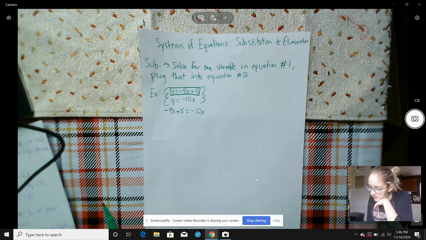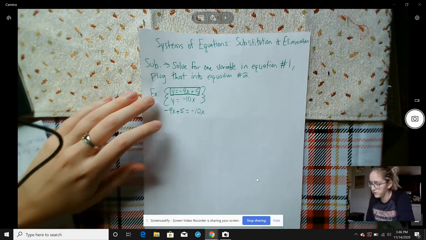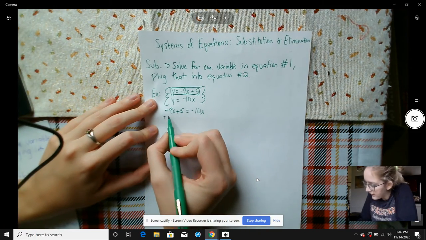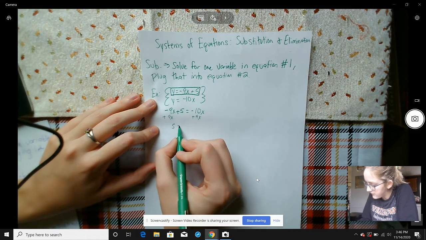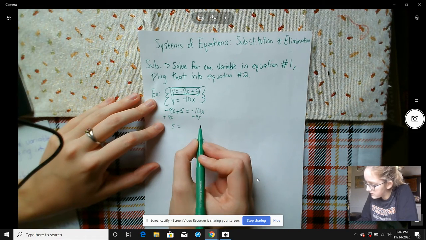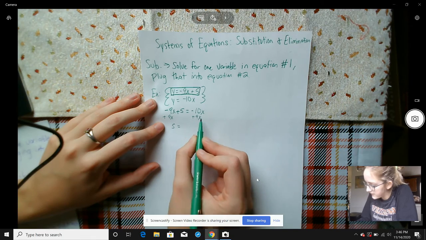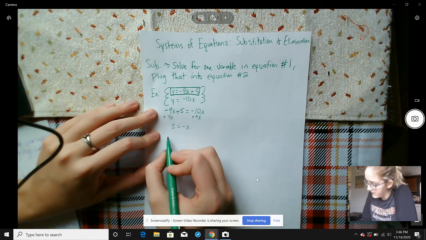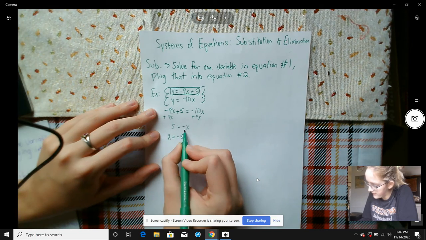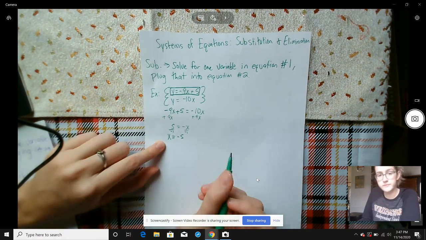Then we're going to be able to solve. We're going to add 9x to both sides. That gives me 5 equals negative 10x plus 9x, which is negative x. Divide by that, and x is going to equal negative 5 after we divide by negative 1.